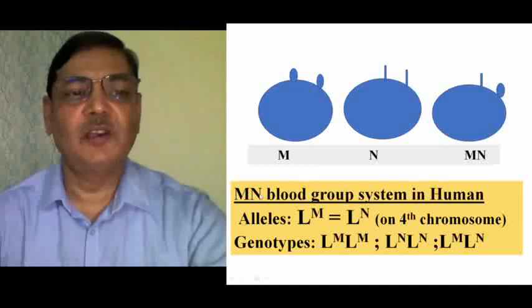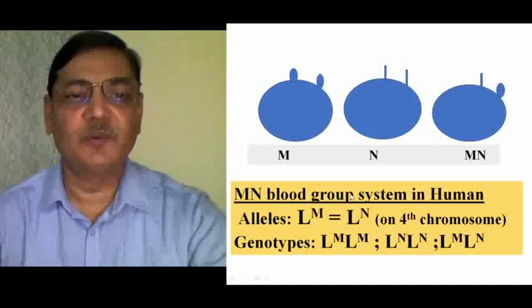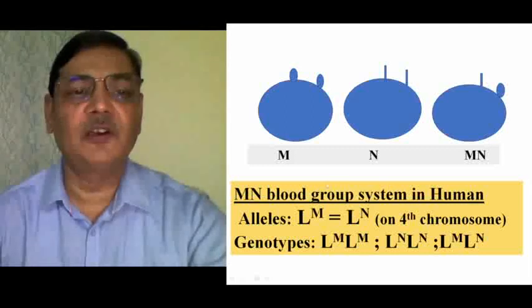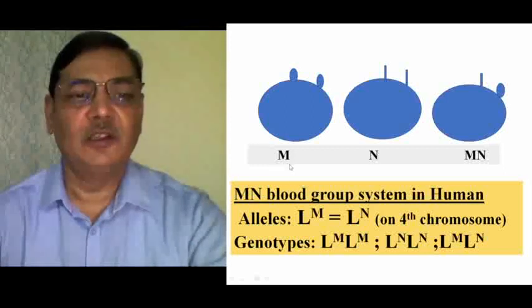See, very few people may be aware of this type of blood group because it is not of pathological significance. It does not cause any immunological reaction at the time of blood transfusion, so it has not been given much significance. Otherwise, there is a specific locus on the fourth chromosome which harbors two alleles, LM and LN.